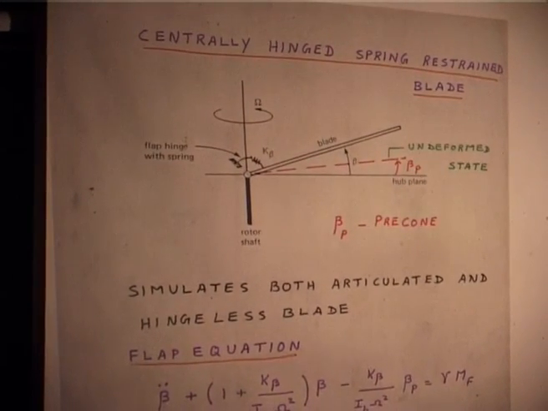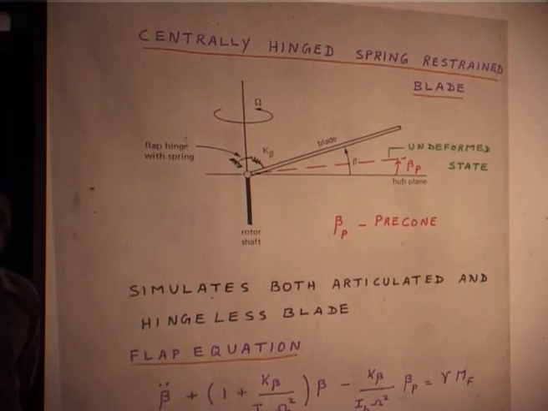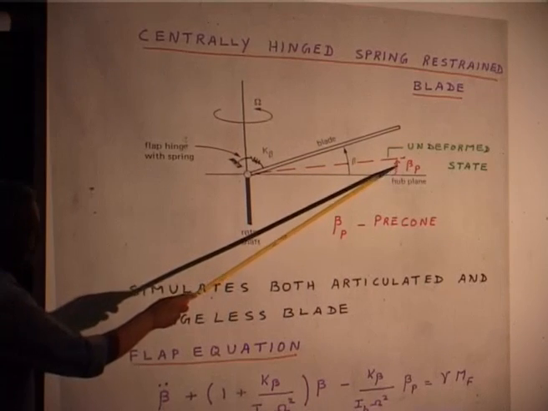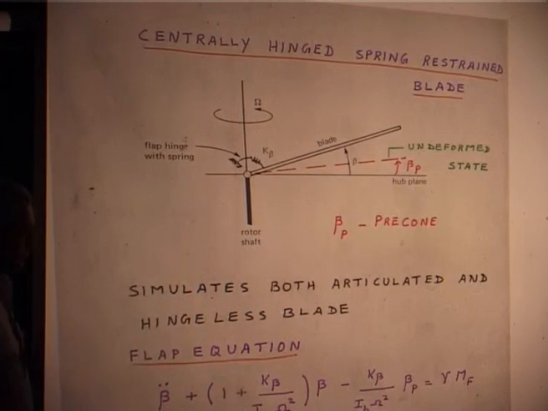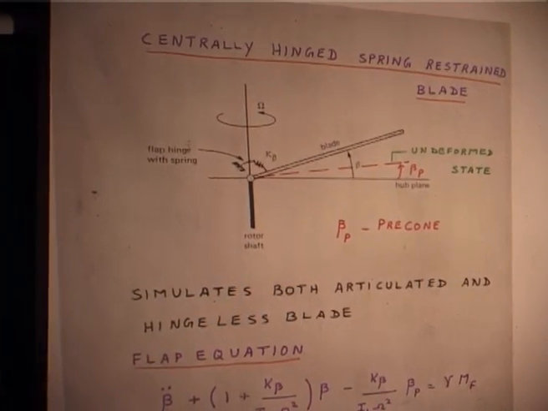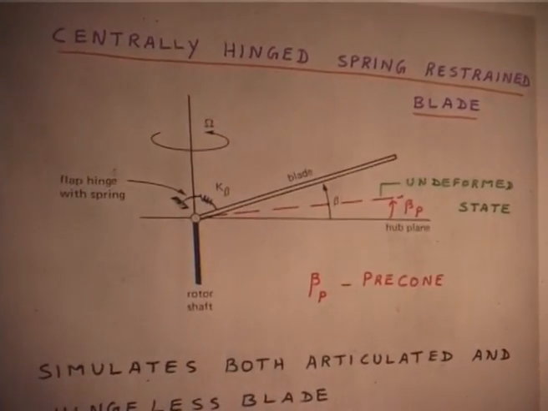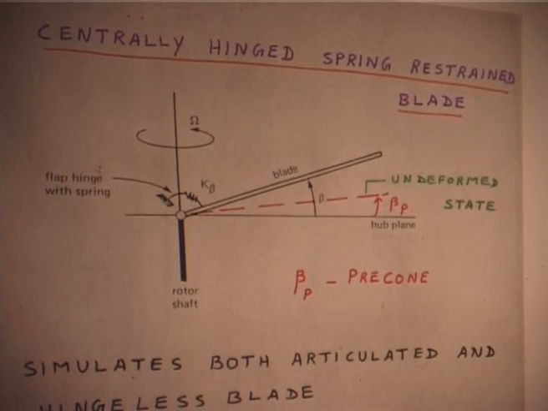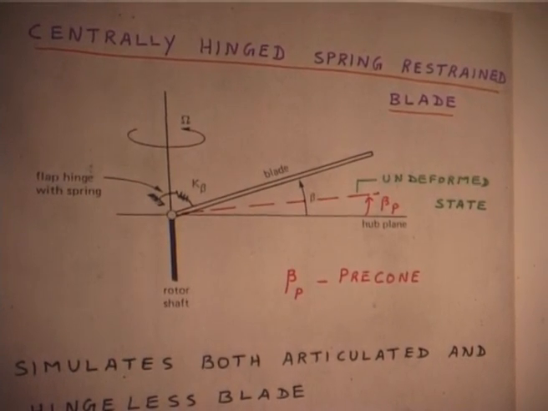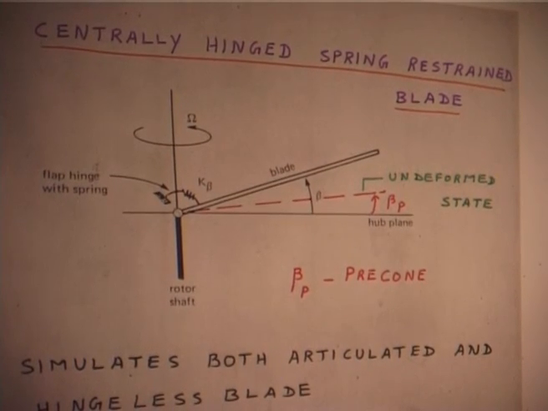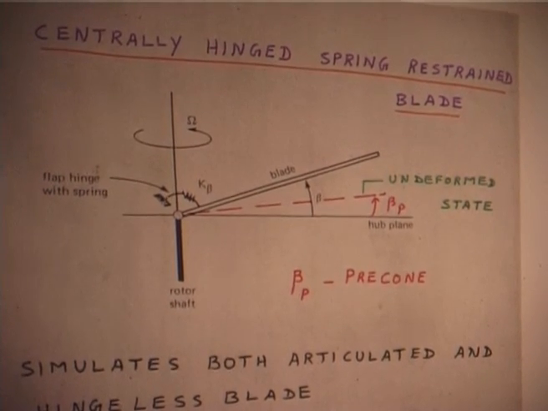And one more thing I have added in this diagram, I put a red line and a beta sub p, which I call the precone. That means my rotor blade in the undeformed position is not horizontal, it is kept slightly at an angle.